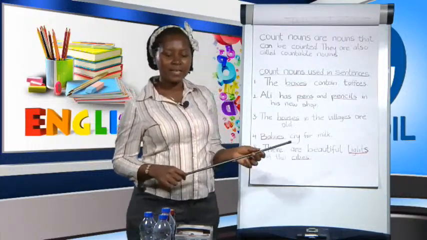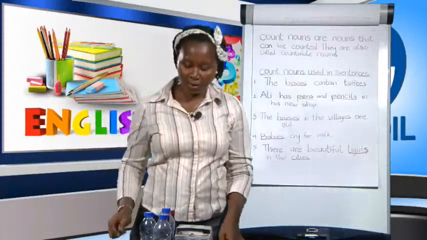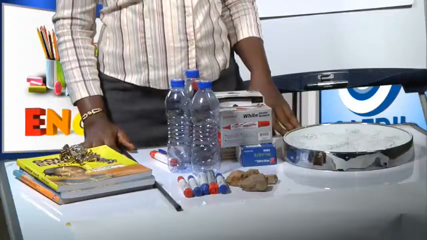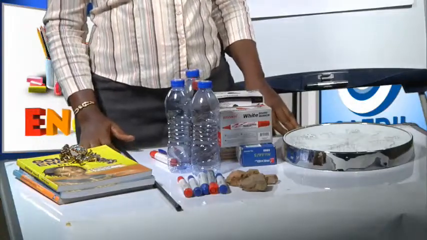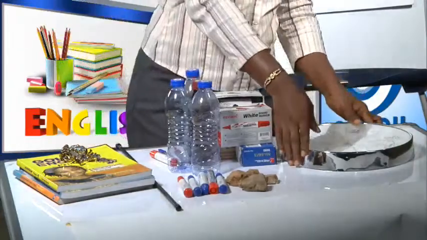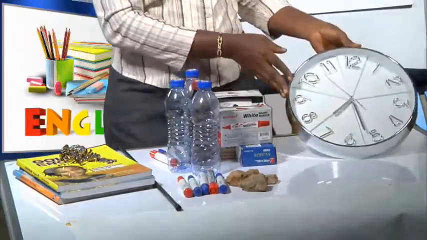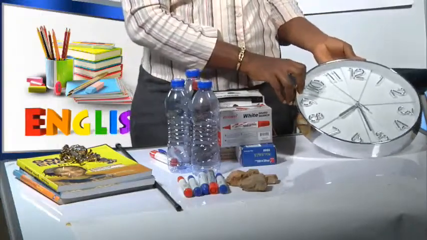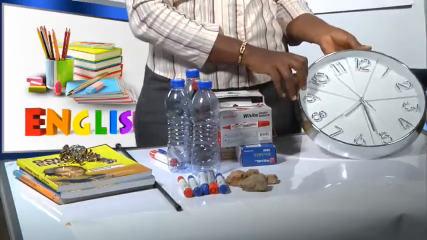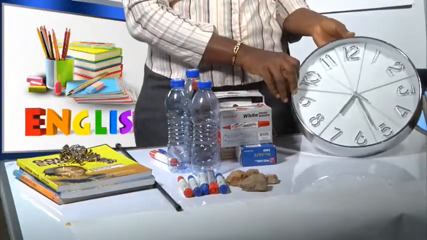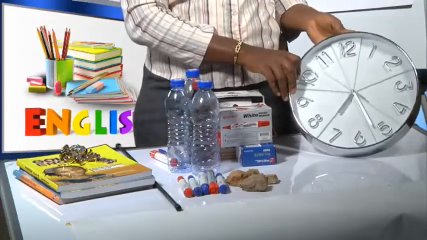Now let's see some items here on our table. Can we count the items on our tables? What is this? A clock. How many clocks do we have here?